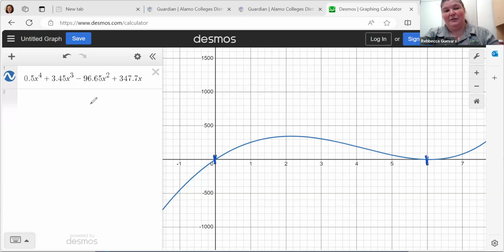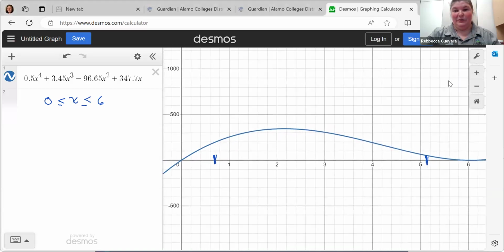So this models it, but this only models it as long as we're looking at, well, technically t, but as long as we're looking between 0 and 6. So this is why we sometimes care about zeros, is because in this case, this function is only useful between two zeros. It's only useful at this point at 0, 0 and at 6, 0.